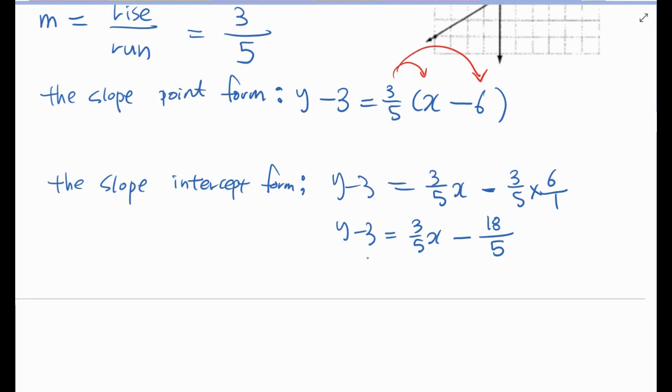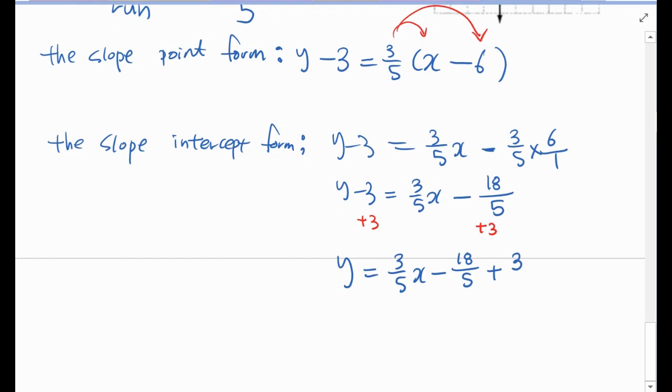Now we're going to add 3 to isolate y. Then that becomes 3 over 5x minus 18 over 5 plus 3. Okay, everyone, 3 is the same as 3 over 1. And to calculate this, we're going to make a common denominator, so we multiply by 5.